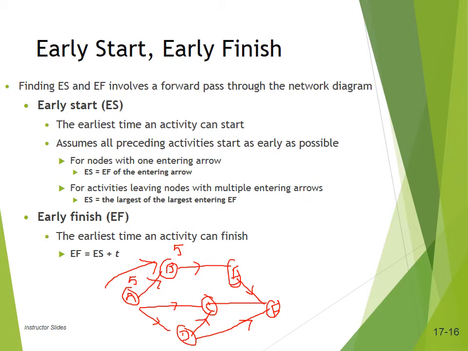So if we estimate the time moving from the origin forward, it is called the early start time. And if we calculate the finish of that activity, say B has got a duration of 4 days, so it will be over at 5 plus 4.